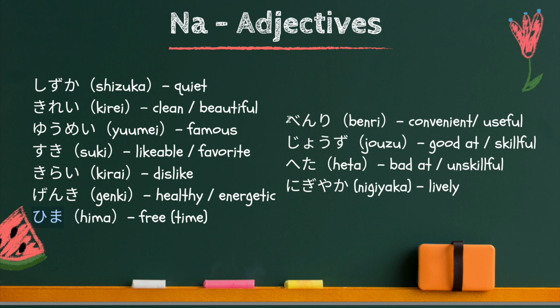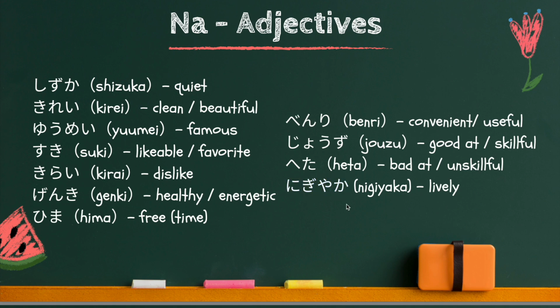Convenient, useful, benri. Good at, skillful, jozu. Bad at, unskillful, heta. Lively, nigiyaka. So those are some important N5 na-adjectives.